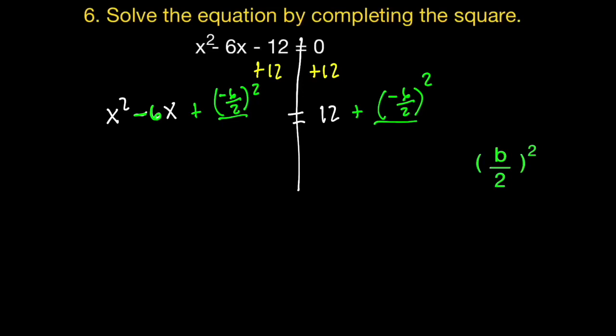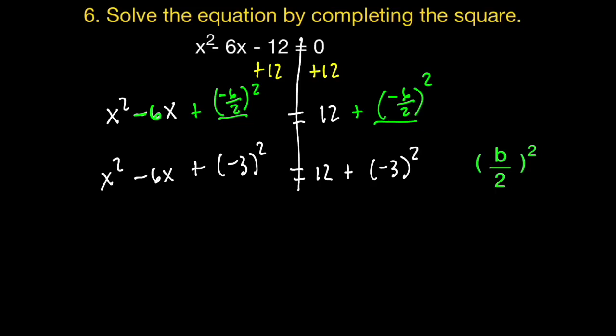Now on the left hand side, I'll have the perfect square trinomial, x squared minus 6x plus, and simplifying what's inside of the parentheses, negative 6 over 2 is negative 3, quantity squared, and on the right hand side I'll have 12 plus negative 3 quantity squared. I can exchange the perfect square trinomial for its binomial squared.